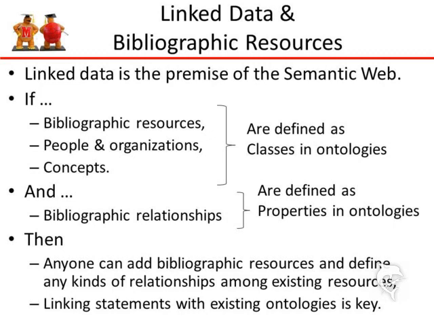So to see what I'm talking about with these second two bullet points, let's map these ideas to what we were talking about previously with the Freedmen's Bureau ontology. I said if bibliographic resources or people and organizations or concepts could be defined as classes in ontologies. Remember that in the Freedmen's Bureau ontology, we opened with some general classes, like thing, and agent, and an agent could be a person or an organization.